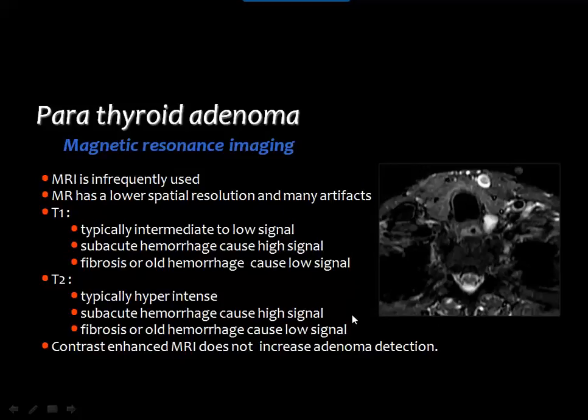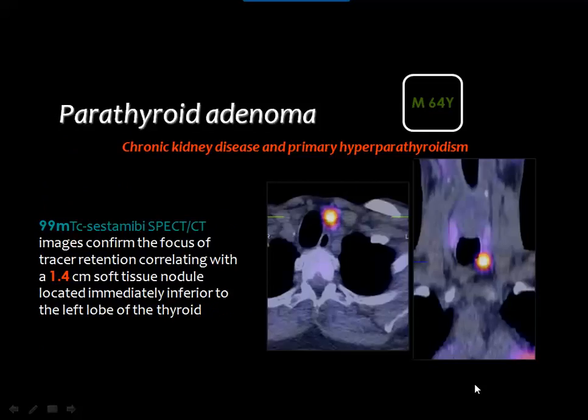But in cases of hemorrhage, you will see high signal in the T1 and also high signal in the T2 weighted image. And if you inject the contrast, it will not increase the detection rate of the parathyroid adenoma.